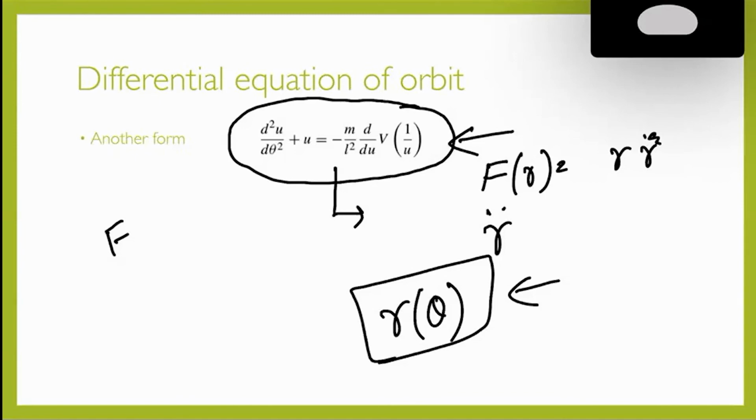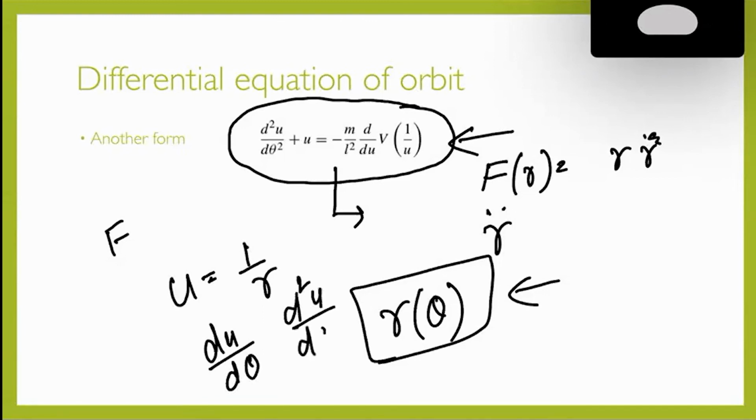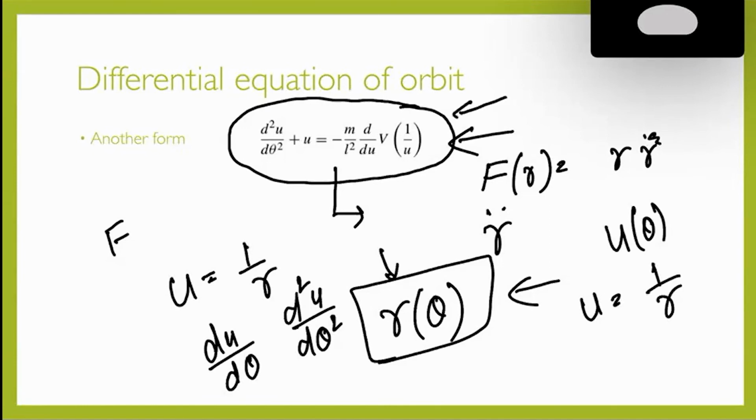A lot of mathematics is involved. You take U, which is 1 by R. Then you use this equation, plug in the values of du by d theta and d2u by d theta square, and then find out R of theta, or you can say U of theta. U and R are connected as U equals 1 by R. So this is how we get the differential equation of the orbit.